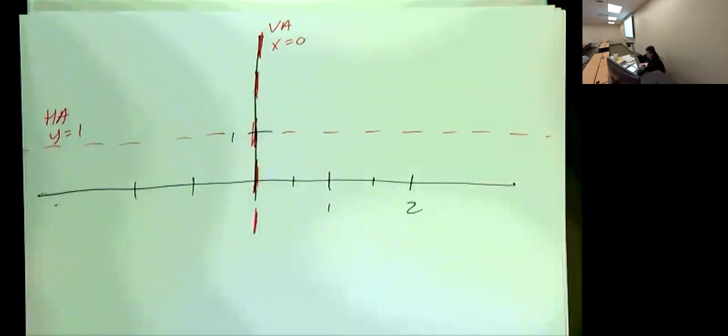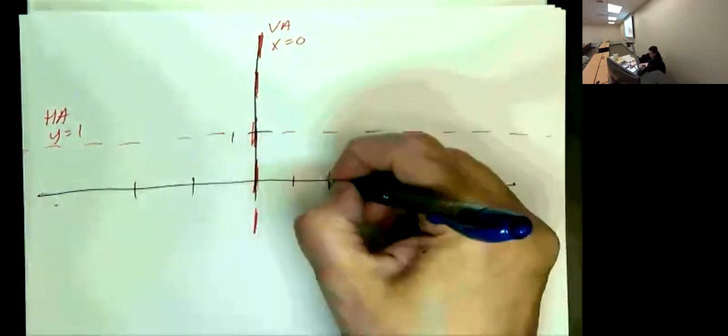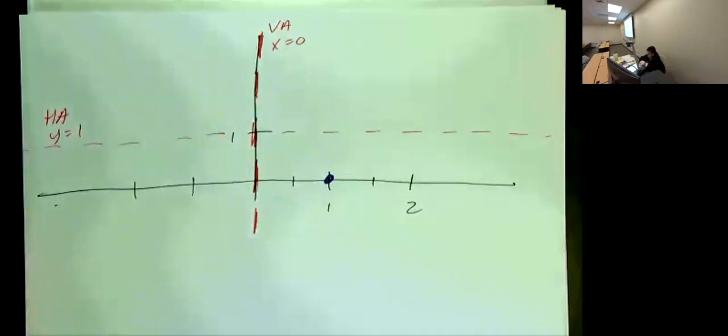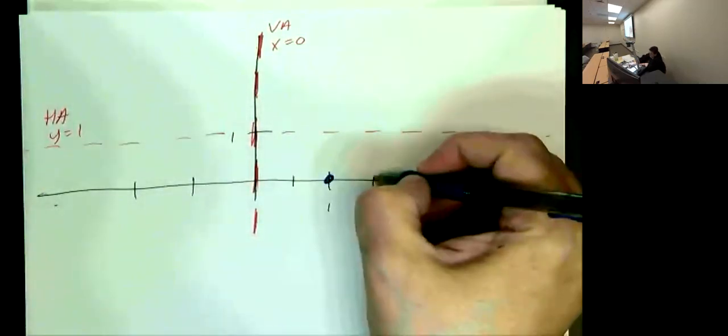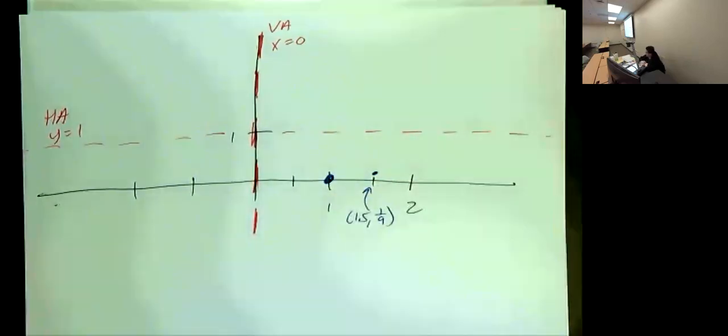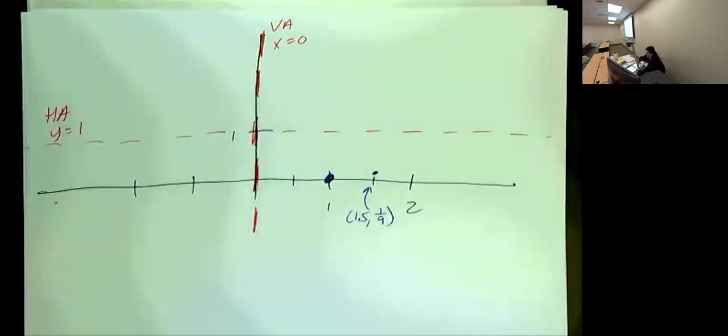We had an x-intercept here. We had an inflection point at (1.5, 1/9). That's a rough one to draw. Scaling 1/9 is a little hard to do by hand. I'm just gonna estimate it's about there.